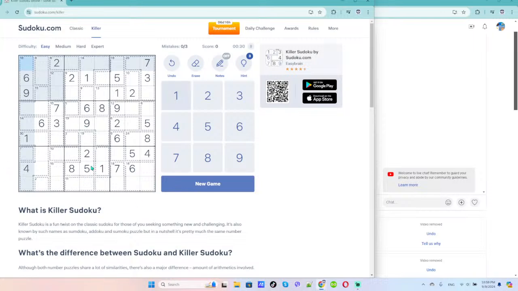Let's say on the board. But in competitions, usually all this 9 by 9 grid is empty. It doesn't matter. Let's go for the solution of this killer Sudoku.